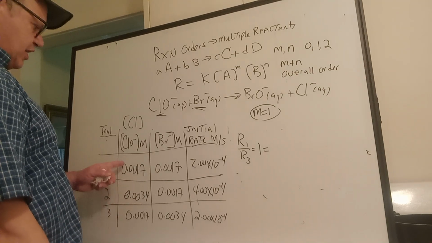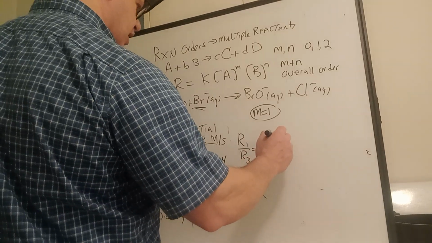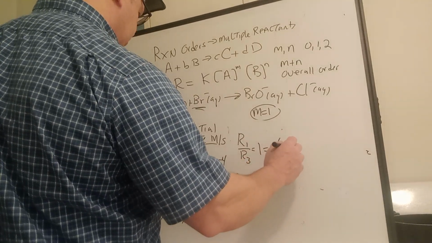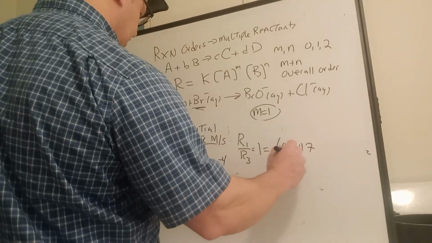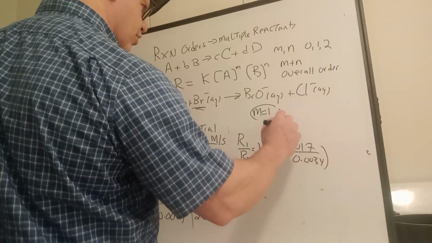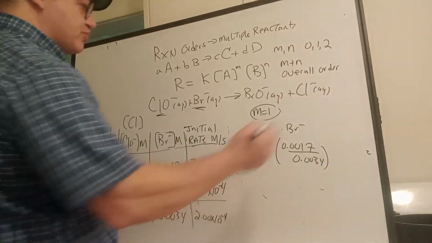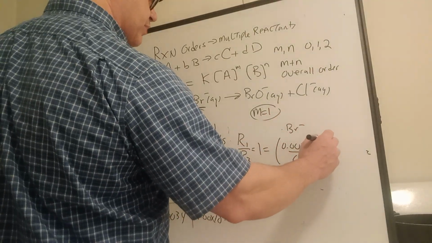In this case, we're going to get a 1 for the chloride ion. So what we have is a ratio of 0.0017 to 0.0034. This is for the bromide ion, and that's raised to, we'll make that the n.